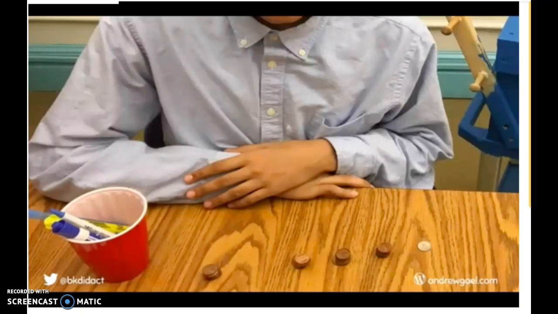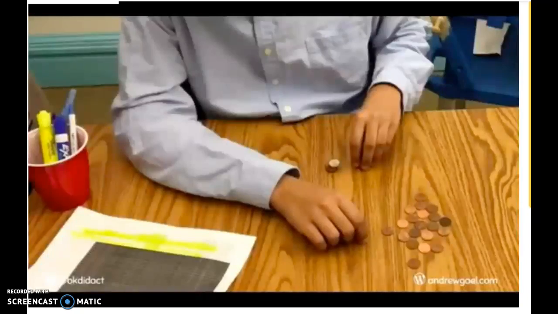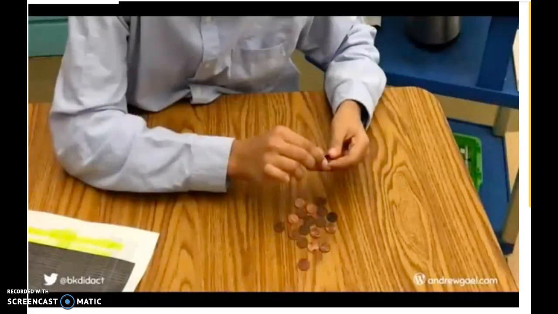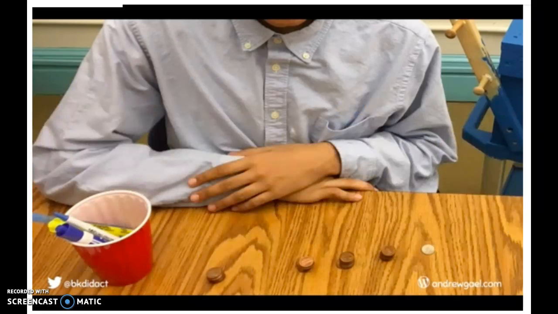So now I'm going to cycle through them again so that everybody can see them one more time. So again, this student is counting a collection of coins, and as you can see, they're not all pennies. And I'd like you to think again about the partial understandings that the student is demonstrating.